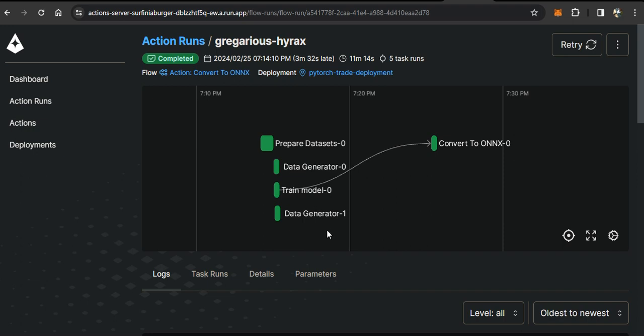I didn't include a test model outside here because it was inside this train model. After training the model in the action, I included functions to also run the test, which is what we see here.